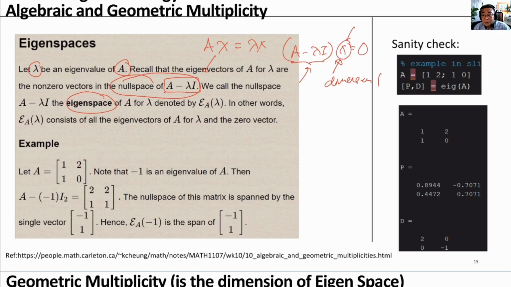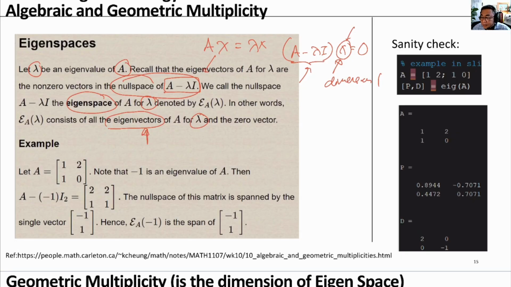It can be more than one dimension. That's the interesting thing. Now, when we are examining the eigenspace, we must fix lambda. We must be studying the eigenspace only for one particular eigenvalue, and all the eigenvectors for which the eigenvalue is lambda will form the eigenspace.